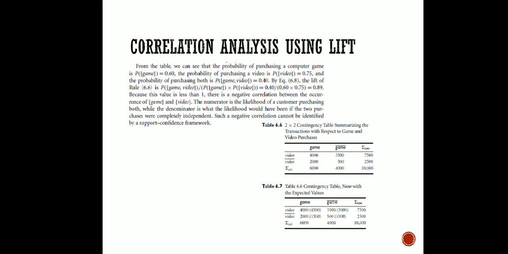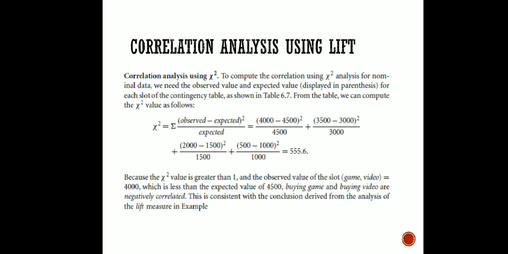We have learned how to calculate these values when we learned the chi-square relationship. If you have forgotten, just go to those lectures and revise the technique. Fine. So we have used it for all 4 blocks, that is, the chances of purchasing video on purchasing the game, chances of not purchasing video, and so on, all 4 combinations.